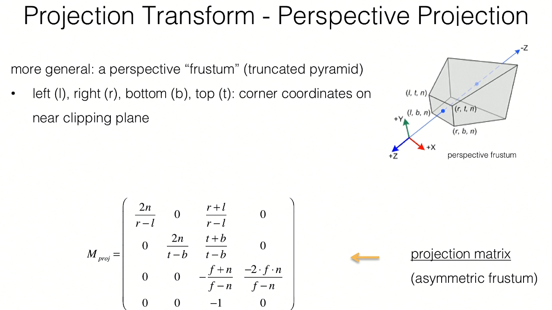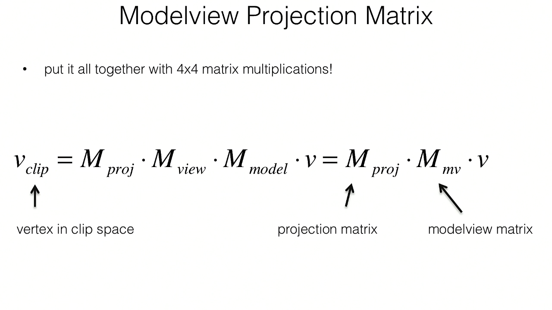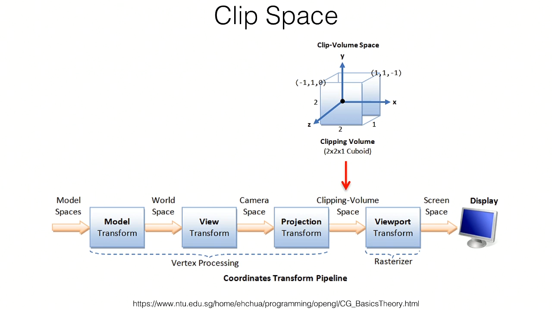So the model view, okay, so where are we now? So we have the model matrix defined, we have the view matrix defined, we have the projection matrix defined. If we multiply all of this by each of the vertices that we have defined and placed in the scene, we get a vertex in clip space. And clip space is just a normalized volume, a normalized space where all the dimensions are between -1 and 1.